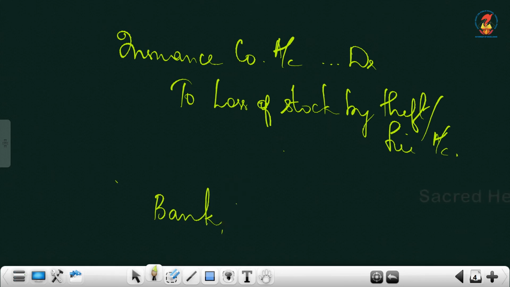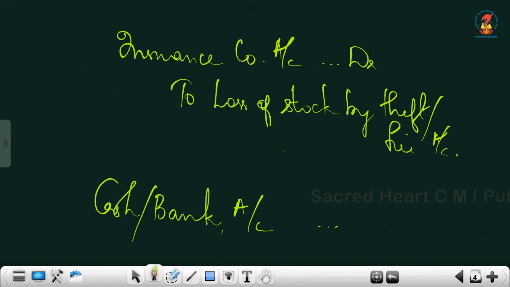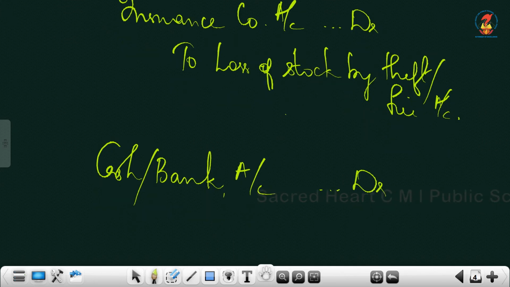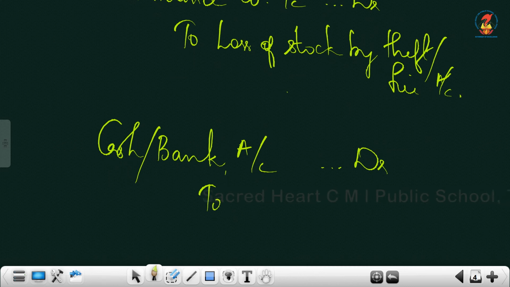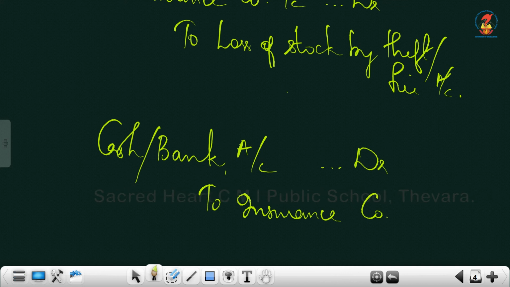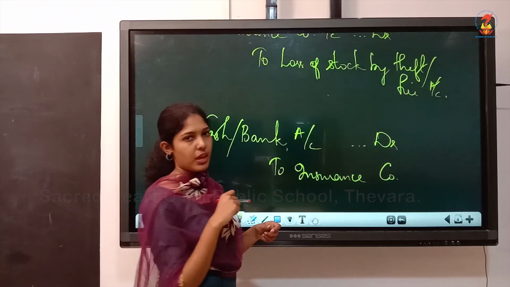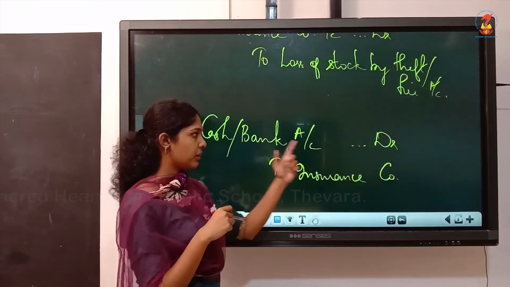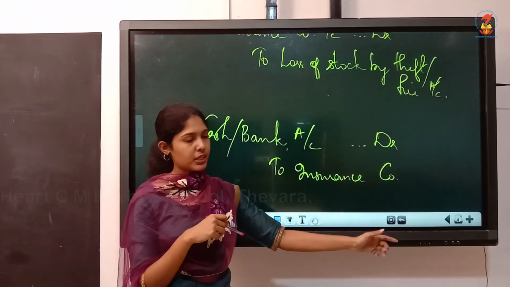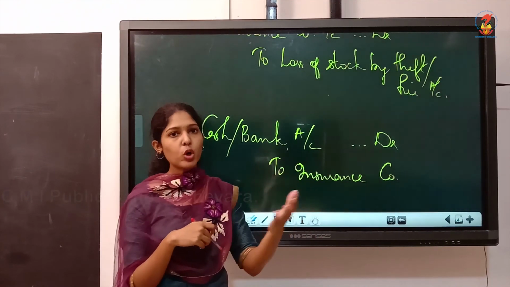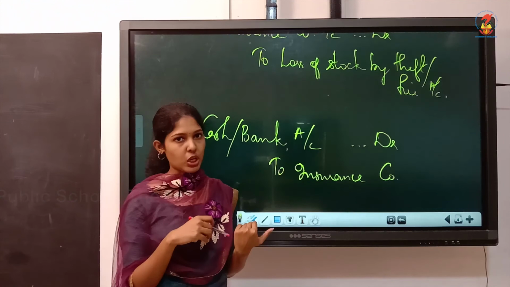Cash or bank account debtor to, it has been given by whom? It has been given by the insurance company. So what you credit is the insurance company. Cash or bank debtor to insurance company, when you receive the full amount from the insurance company.